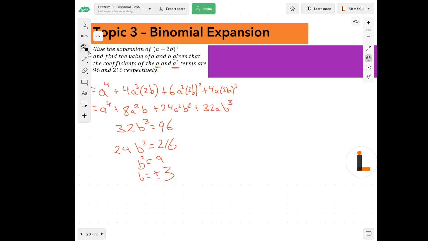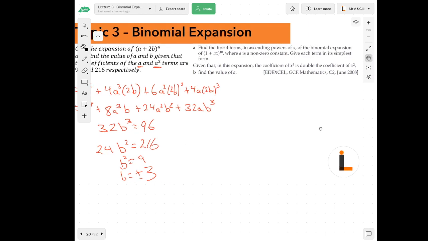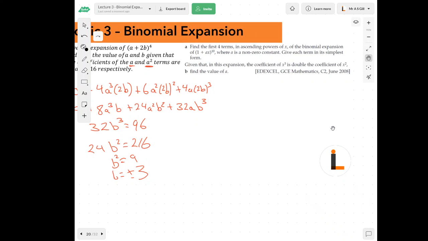And then what I'll do is I'll reveal this second question on the right hand side, which I think is an exam question. Yeah, so we've got an exam question here. Let's go through and work through that one.